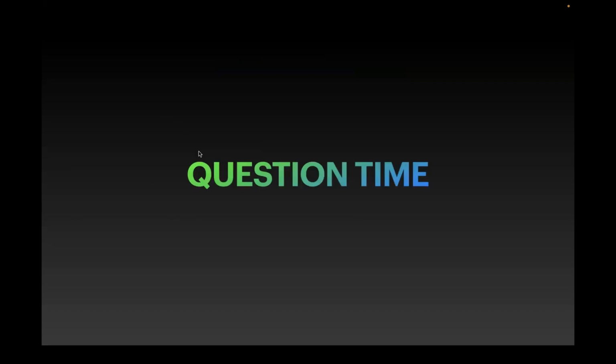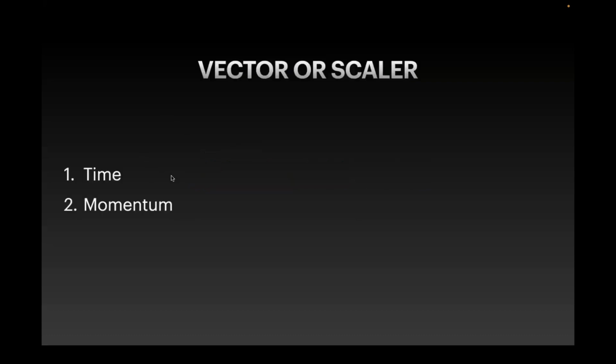Next, we'll deal with some questions now. Pause the video and tell if time is a vector or a scalar, and if momentum is a vector or a scalar. Tell me quickly. Now, let us see the answer. Time is what? Of course, it's a scalar. Whenever someone asks you the time, you'll tell 8 p.m., 8 a.m., 9 p.m., 12:30 a.m., 12:30 p.m., 7:30 p.m. Like that you will tell, no?